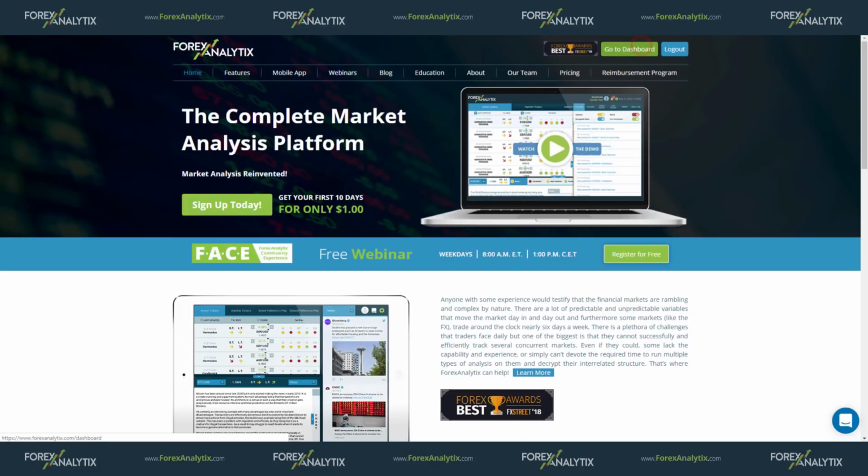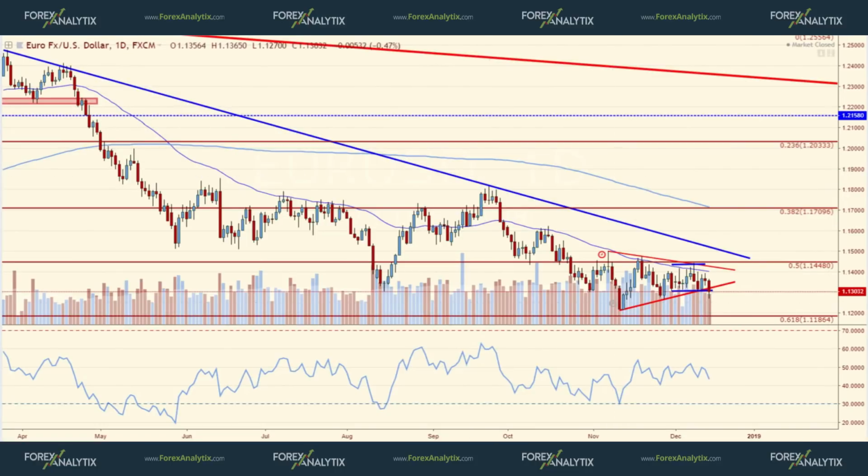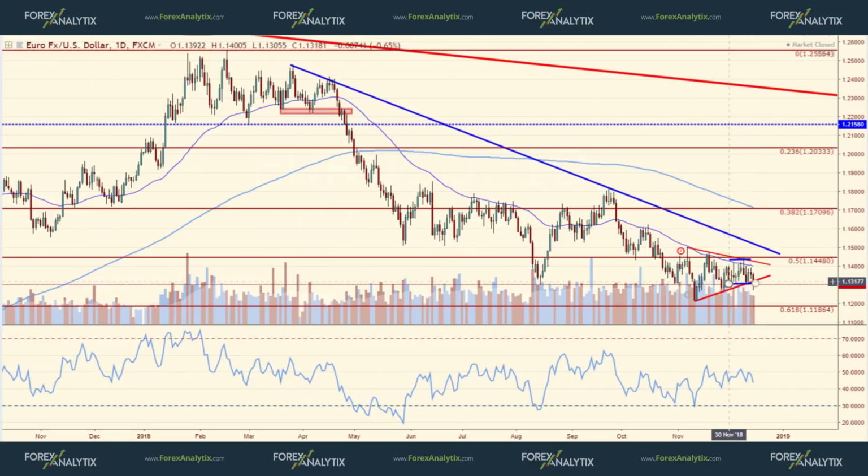All right, so let's talk about the problem that we've faced as currency traders as of late. The euro dollar and really the dollar index had been in a really tight trading range, and then on Friday we're attempting to break out of this. You can see this wedge, a triangle, and it's really more of a pennant actually.